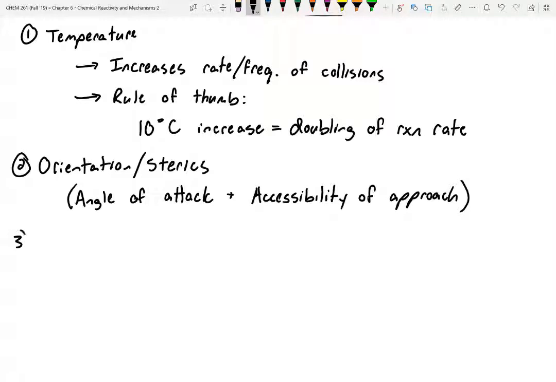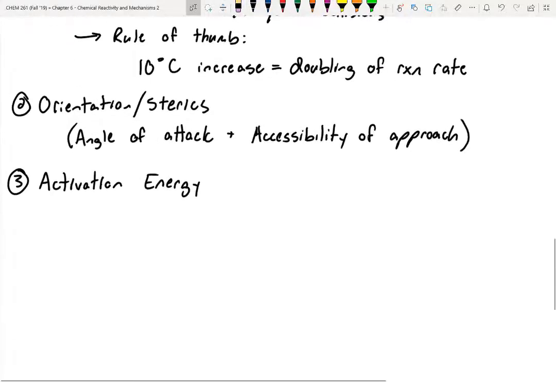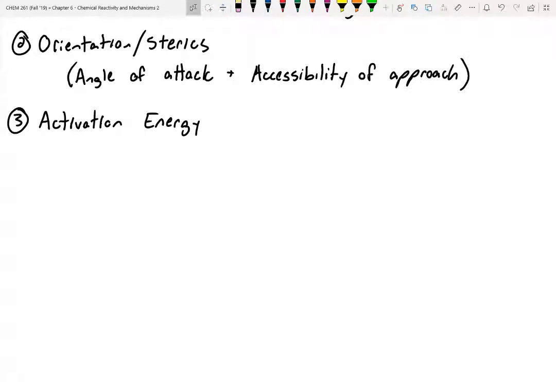All right. Third one is activation energy. Does anybody remember what activation energy means from Gen Chem? It's the energy required to initiate a reaction or to get the reaction to occur.